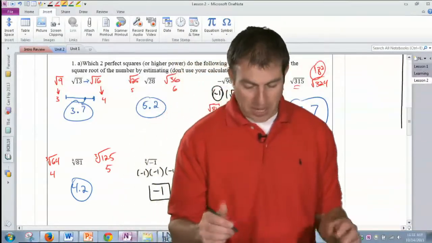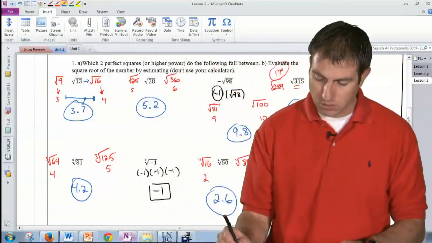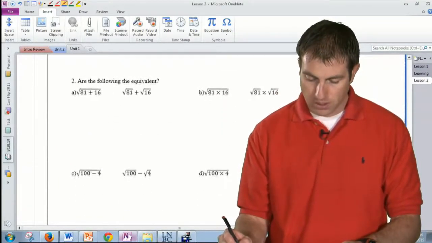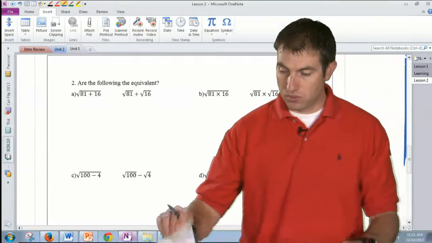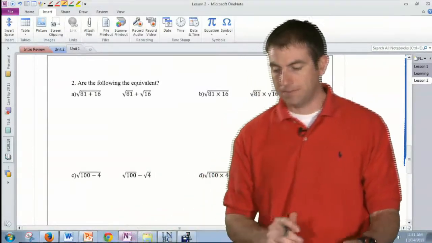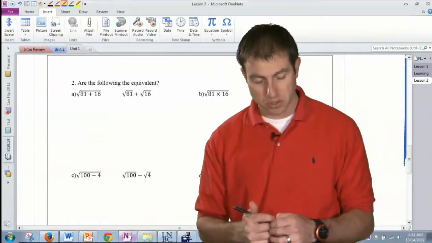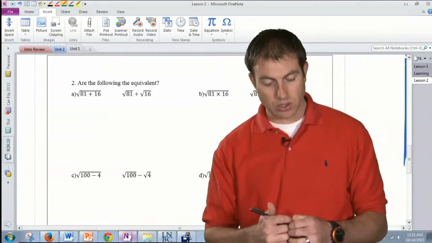So the back page is using your calculator. I'm just going to scroll down. Number 3 is calculator. These questions for number 2 are just trying to figure out if these are equivalent.